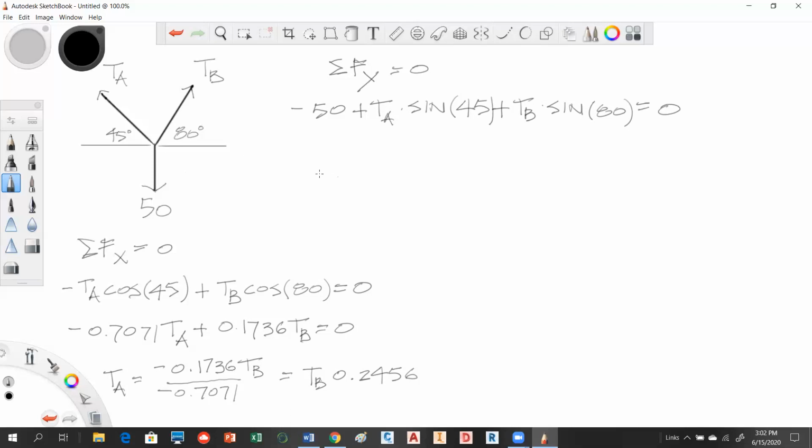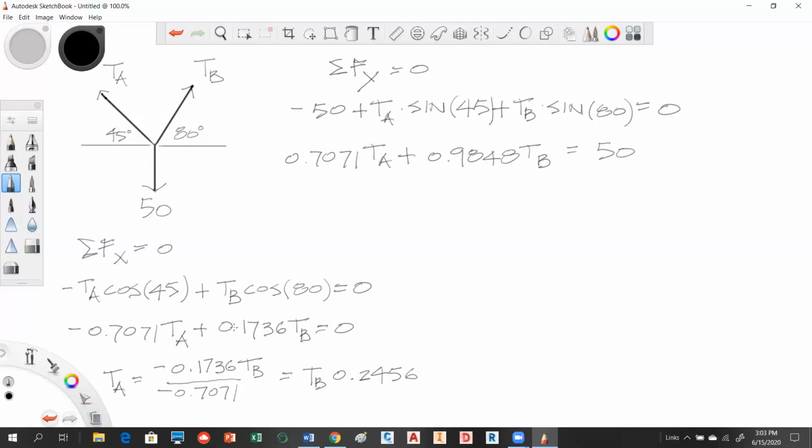So cleaning that up, we're going to have 0.7071 tension A plus the sine of 80, which is 0.9848 tension B, bringing the 50 over, says that's all equal to 50 kilonewtons.